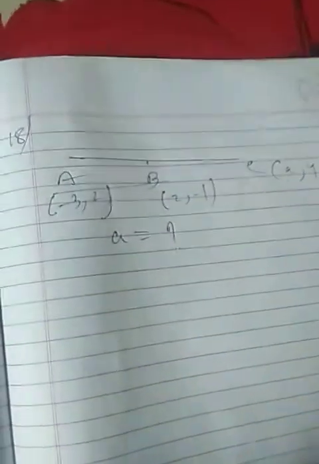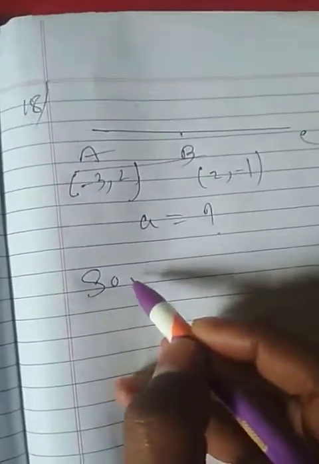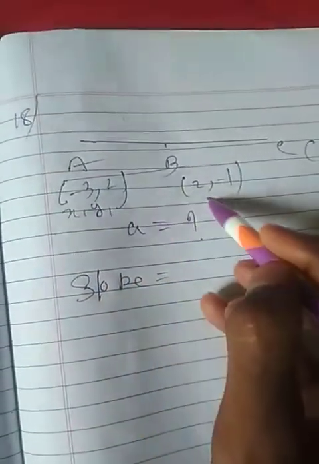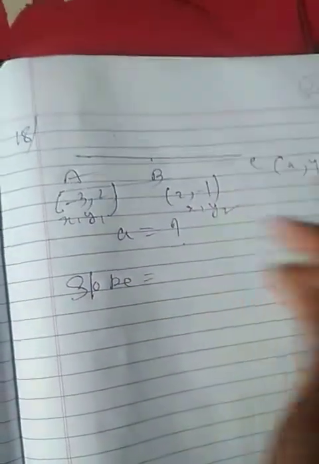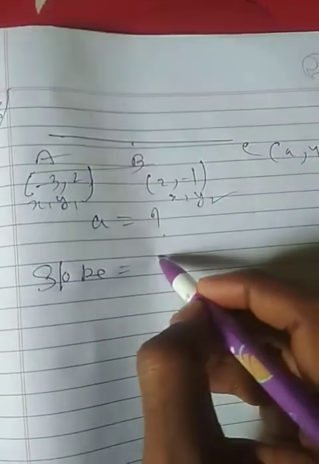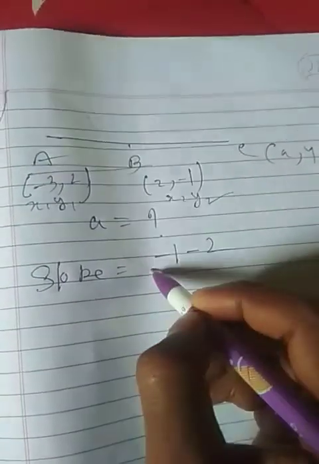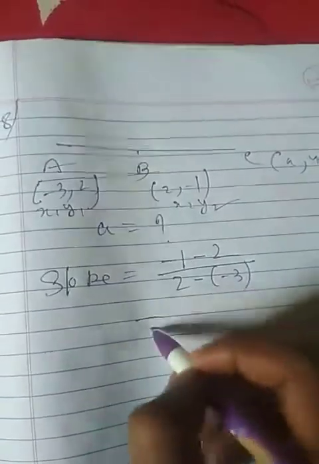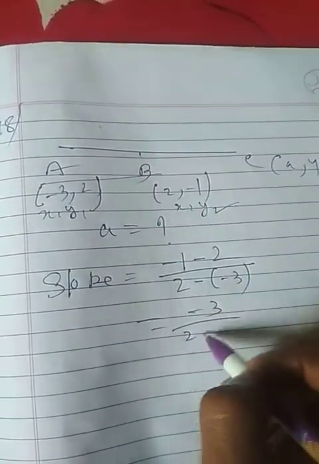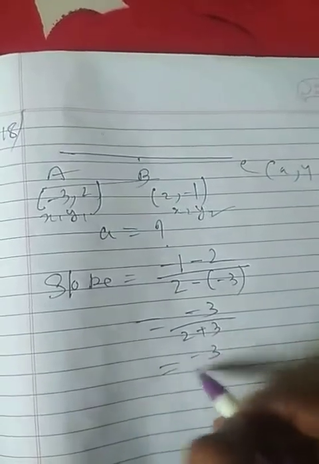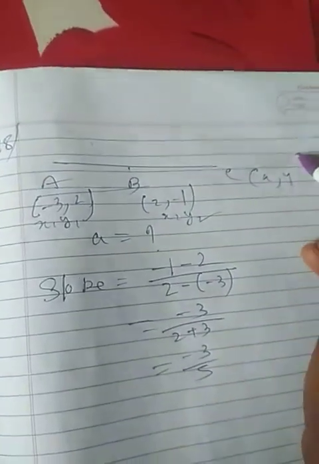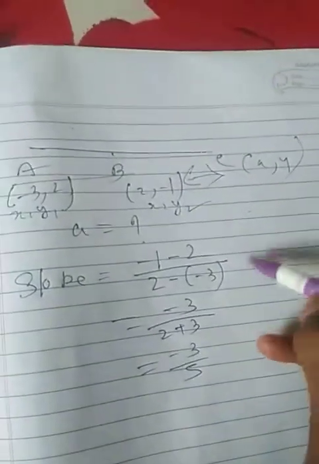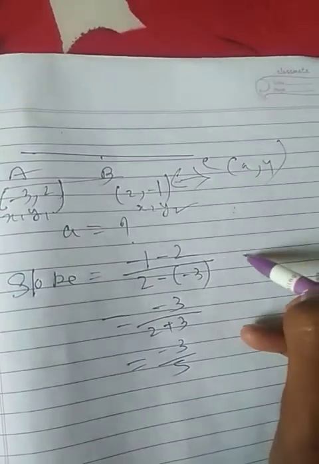From any 2 points you can find the slope of the line. That one is x1 y1, that one is x2 y2. From those 2 points I can find the slope of that line: minus 1 minus 2 over x2 minus x1, that means 2 plus 3. That is minus 3 by 5. Now if I find the slope between the other points, the slope is the same.